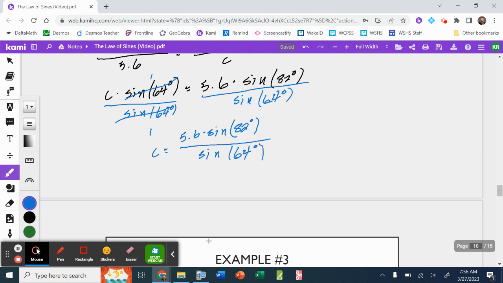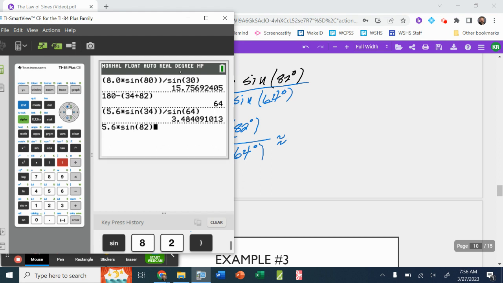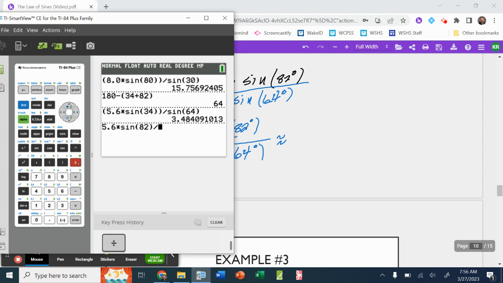There we go. And so we're going to go back to our calculator to get an approximation for this. So I've got 5.6 times the sine of 82, and we know it's still in degrees. It's always good to double check. Divided by sine of 64 degrees. And we get that side C is about 6.1699.